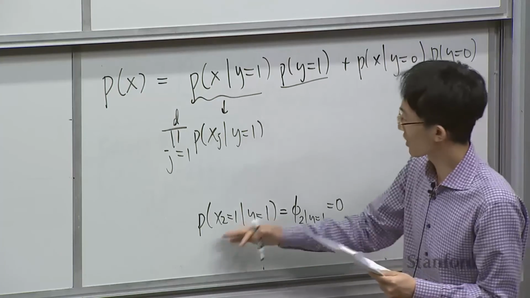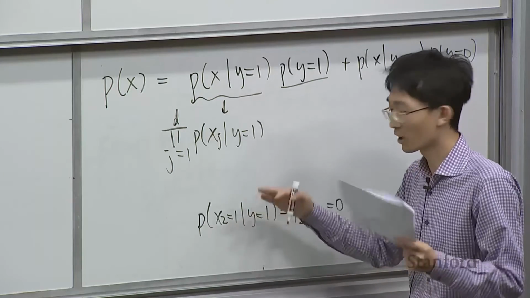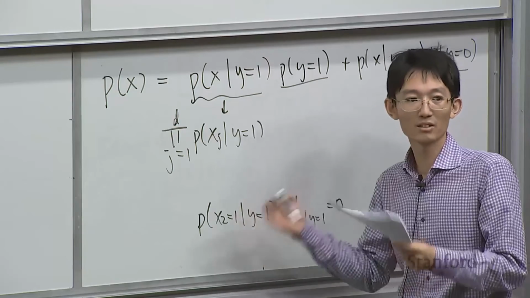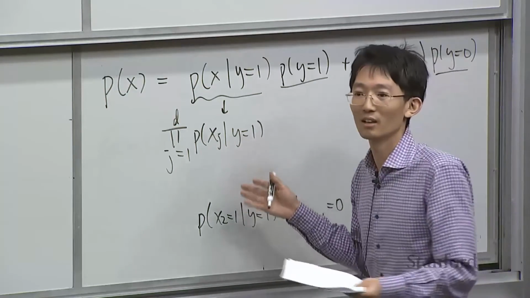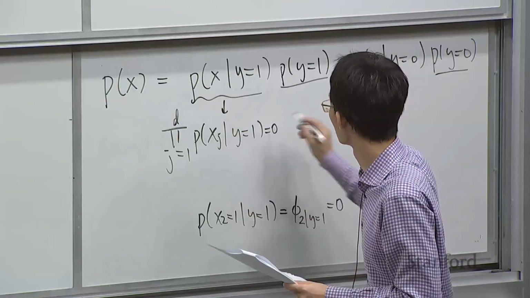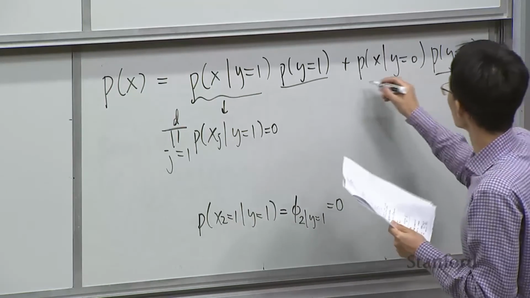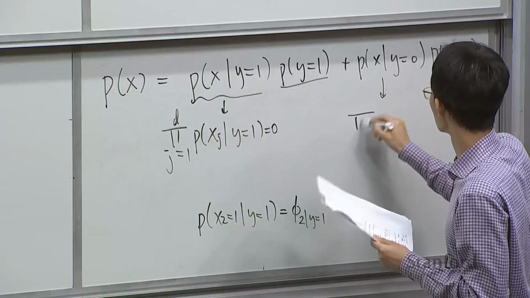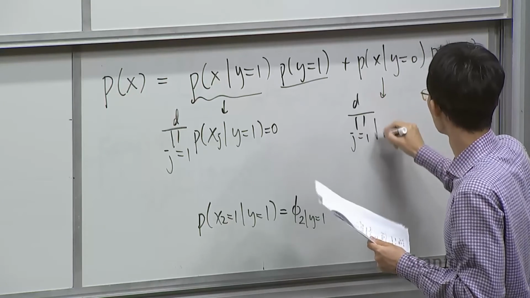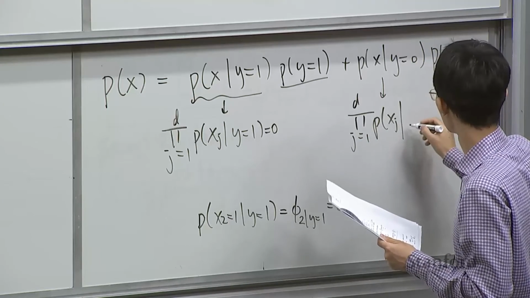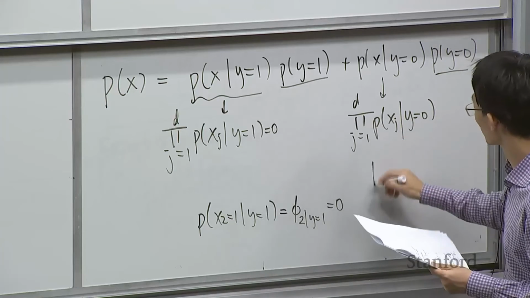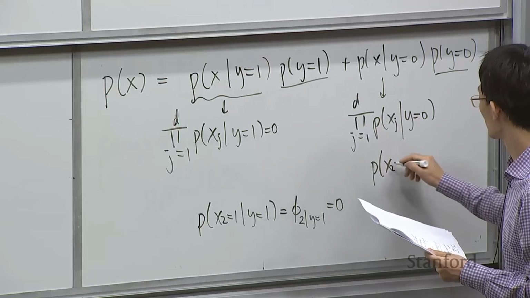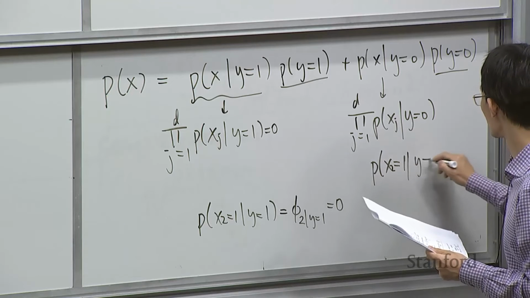So just because of the second word, according to your model, it's not supposed to show up, but it does show up. That means that this example just has 0 probability in your probabilistic model. So that's why this is 0. And for the same reason, this one is going to be equal to, for y0, you also have this term p of x2 equals 1 given y0.